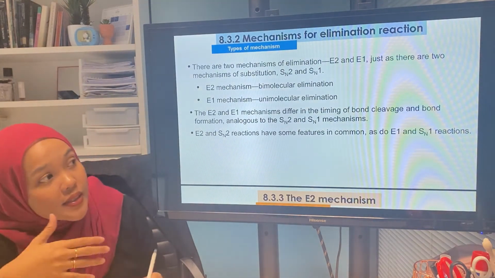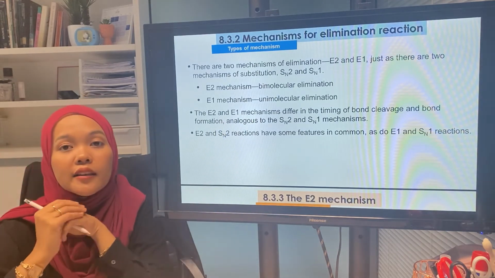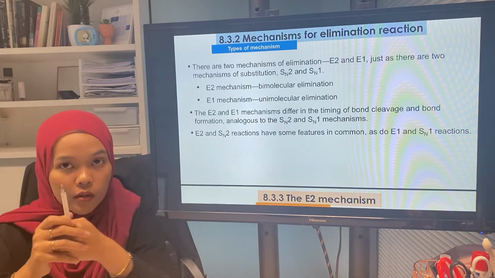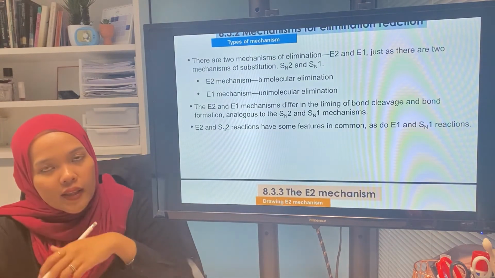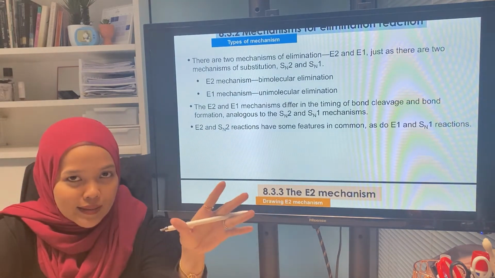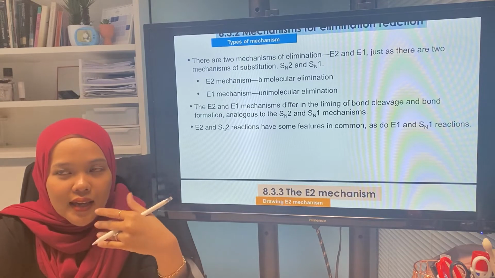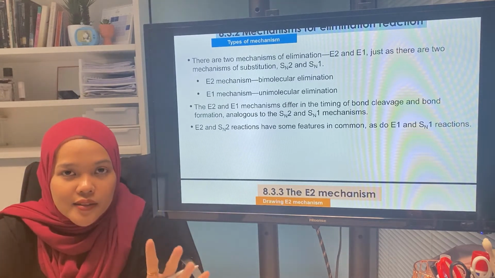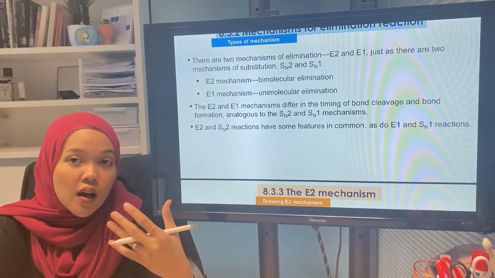The difference is that the E2 and E1 mechanisms differ in the timing of the bond formation or the bond breaking. So if you can understand nucleophilic substitution, SN1 and SN2, it is going to be easy for you to understand E1 and E2, because some features are in common.